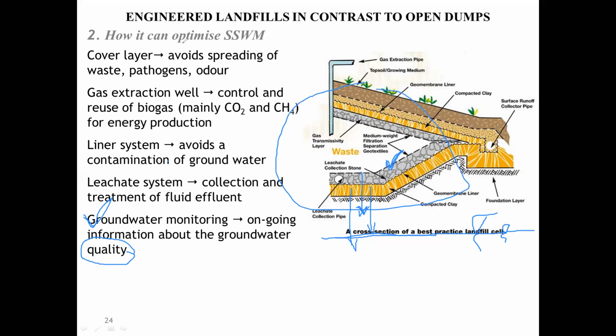That we are not going to do in the case of open dumping. In open dumping, we simply throw the waste on the ground. So these are the major systems that differentiate open dumping and an engineered landfill.